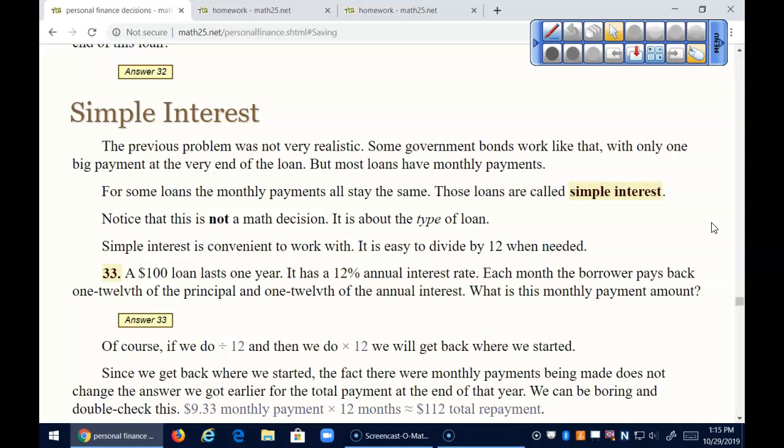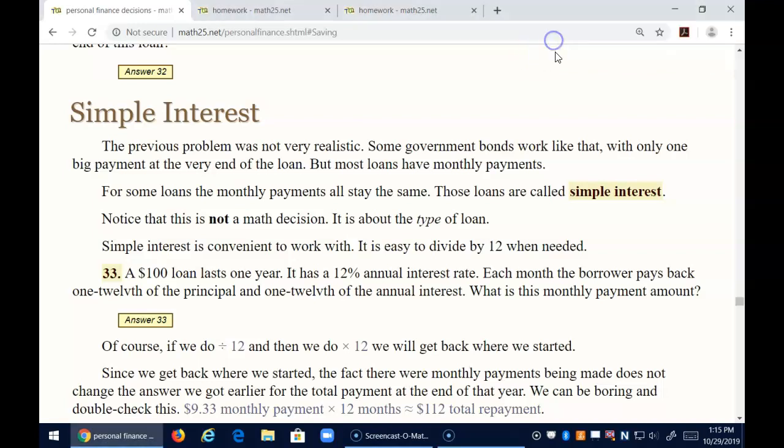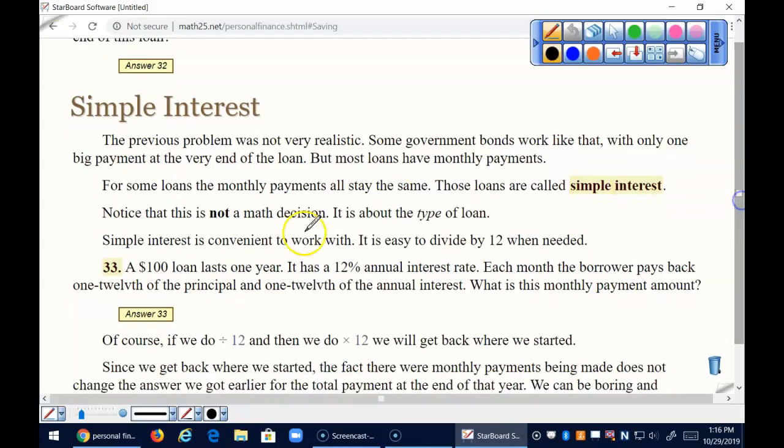If we wanted to do a monthly kind of thing, we could just divide by 12. So if every year we had that 100 times 0.12 is $12, then we could say each month we'll pay back 1.